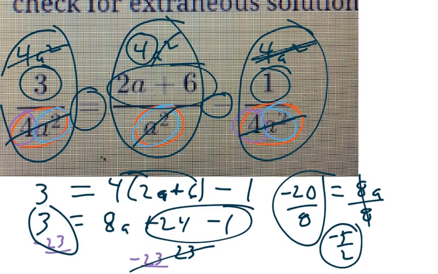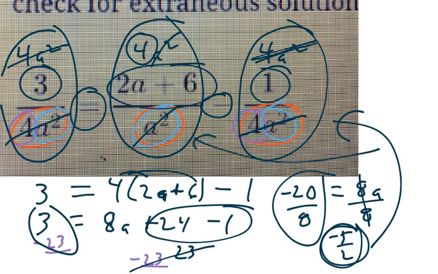Now, here's the thing that sucks. The best way to check, guys, and it takes a lot of practice, is to learn to plug these numbers into your calculator. So I'm going to take negative 5 halves and plug it back in where all the a's are.